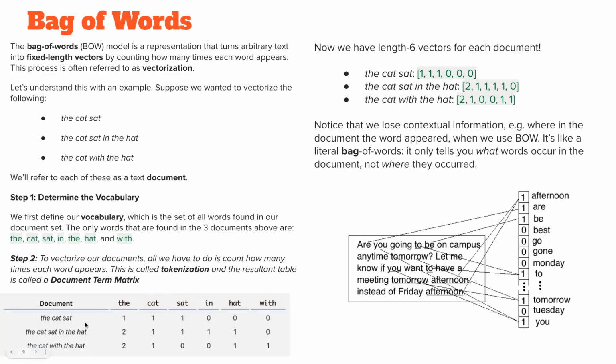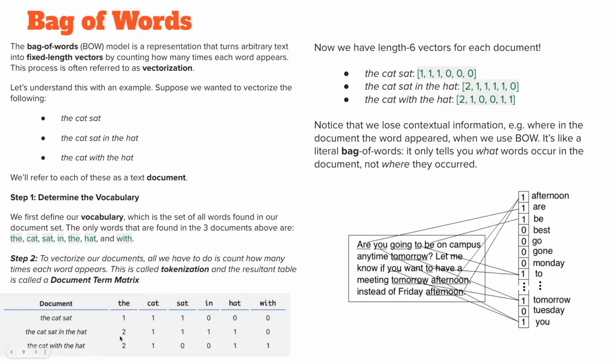So in the cat sat, we have one occurrence of the, one occurrence of cat, one occurrence of sat. We do not have any occurrence of in, hat, or with. The cat sat in the hat document contains two occurrences of the, because it has two thes, one cat, one sat, one in, one hat, and no with.